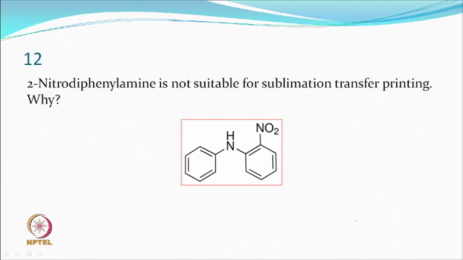This is the molecule, and for sublimation, well, it melts also. So, sublimation transfer printing obviously by itself, otherwise this is just a molecule which gives some color, very nice color, but a very small molecule by itself does not appear to be very nice.